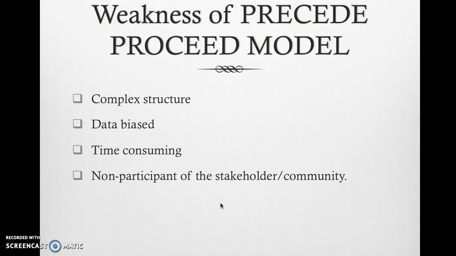Another weakness is data bias. After you have implemented the program and evaluated it, you have to do interviews and surveys. When you do the survey, you ask people, and the data they give you might be biased because it is self-reported. And it is time consuming.